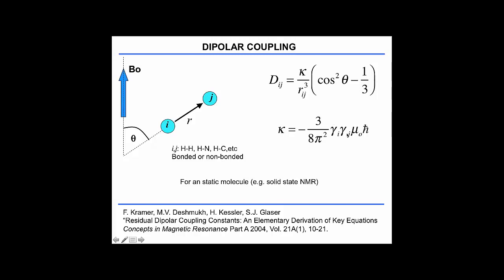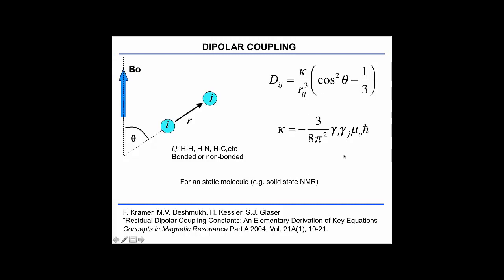The constant depends on the product of the gyromagnetic ratio. So here it is very important, because if you want to collect RDCs of proton-proton, that would be the highest value. If you want to collect RDCs for proton-carbon, then carbon is 1/4, and then for carbon-carbon, it's even smaller. So also this ratio determines the size of the value of the dipolar coupling.